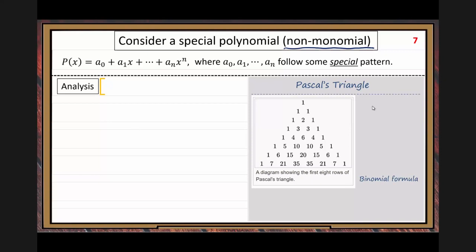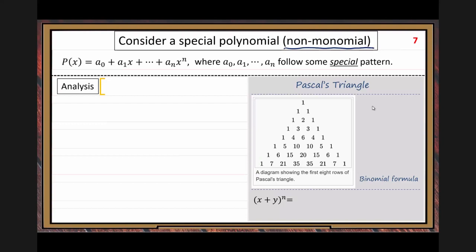If you look at each row, they correspond to one specific binomial expression. Monomial, binomial this time. What's a binomial? Two terms. A monomial has one term, x to the nth.